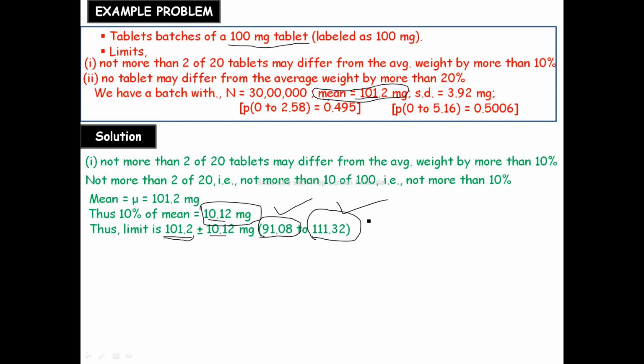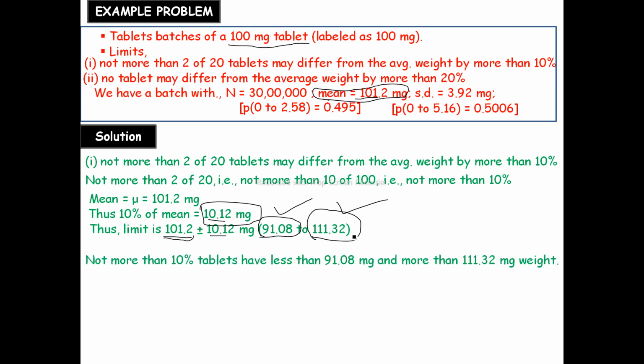So we need to calculate the probability that the weight is within 10%. Less than 10% of the tablets should have this much weight, that you need to estimate.